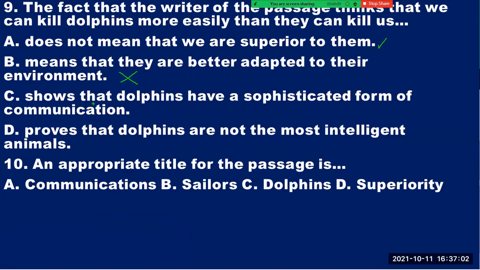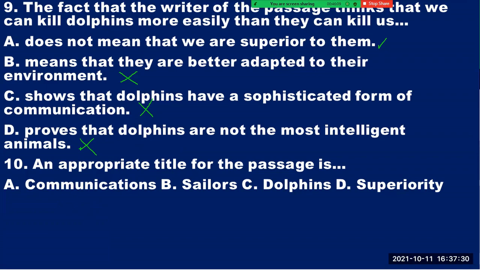Now, C shows that dolphins have a sophisticated form of communication, where we were not told that. D proves that dolphins are the most intelligent animals. Again, we are not told that. The emphasis is not on their intelligence, but on their friendliness and other social characteristics they share with humans.